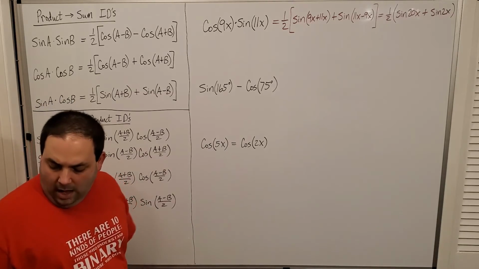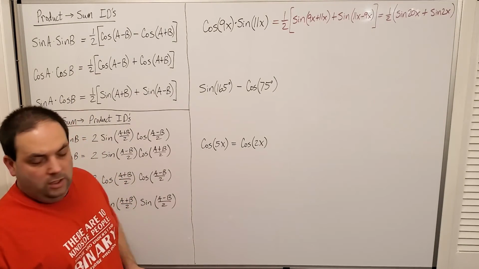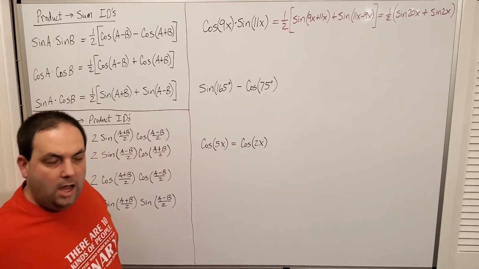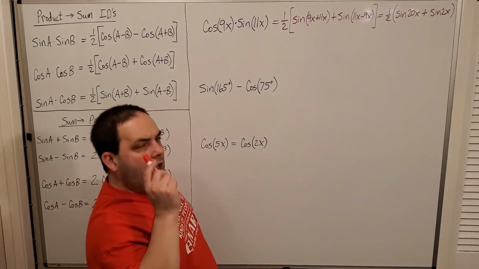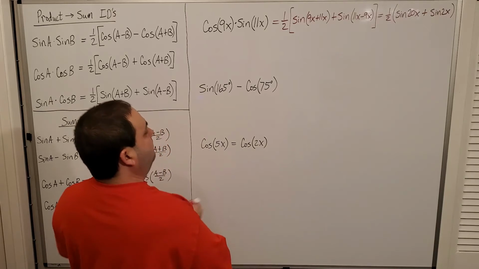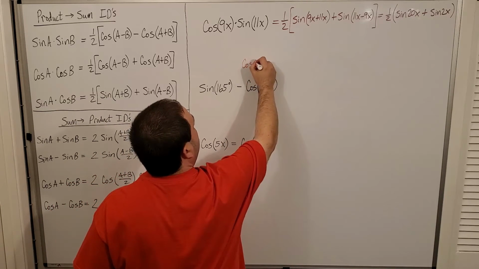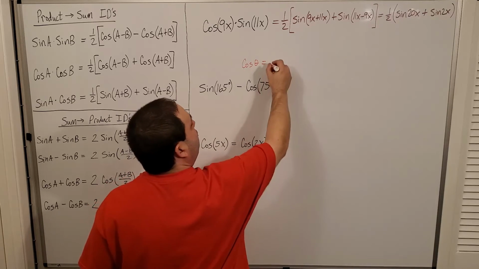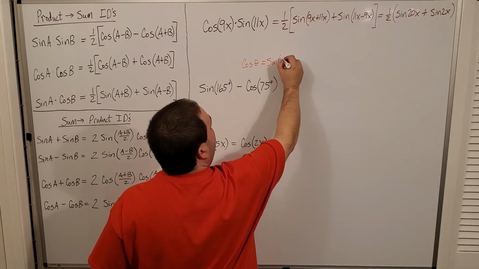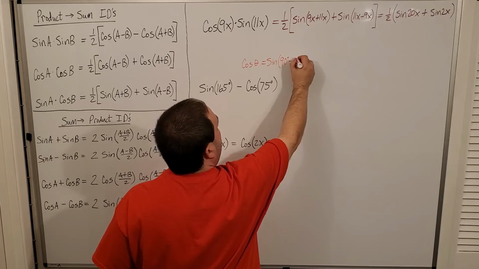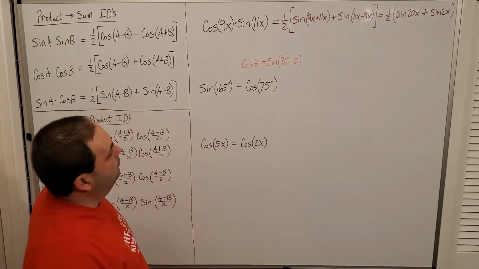That's okay. I can still switch over to something that's a sine minus a sine because I remembered, oh yeah, I have a cofunction identity. Remember, the cosine of some angle is also equal to the sine of its complement, 90 minus the angle, right?